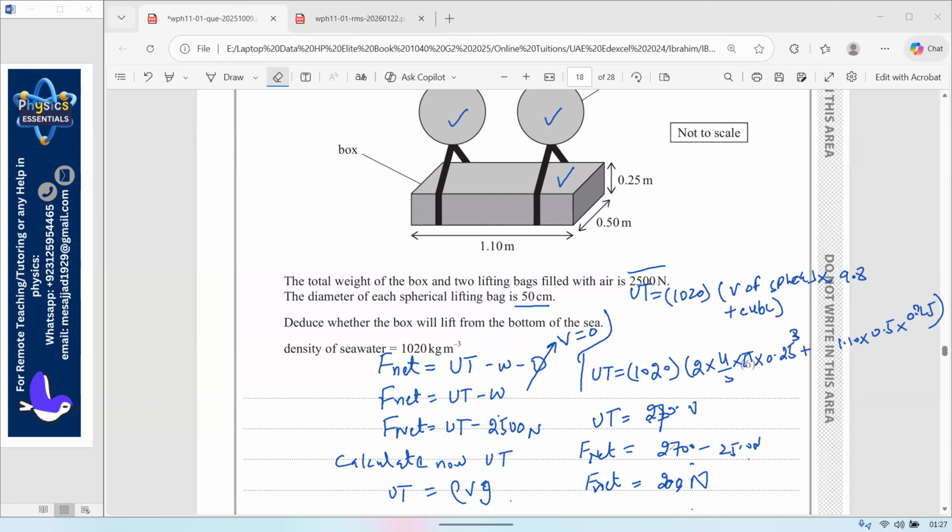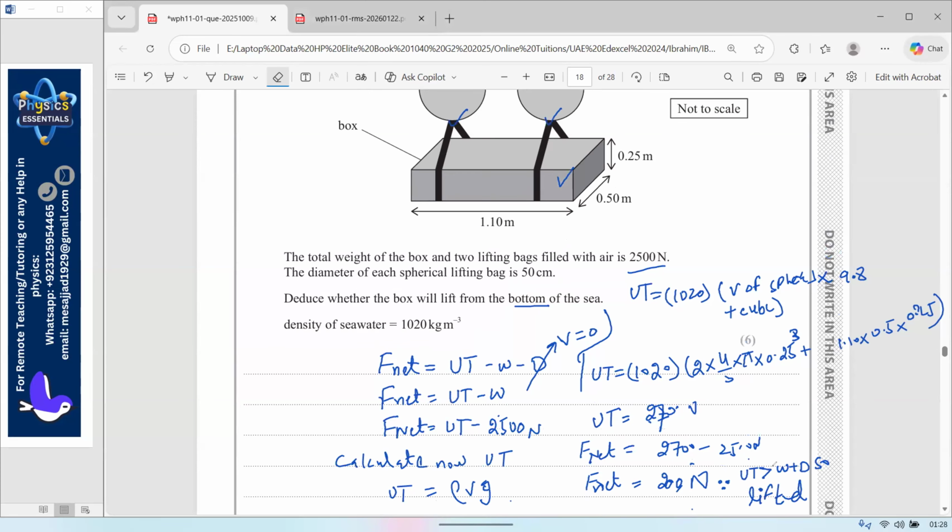So yes, the boss will be lifted because the upthrust is more by 200. Lifted.